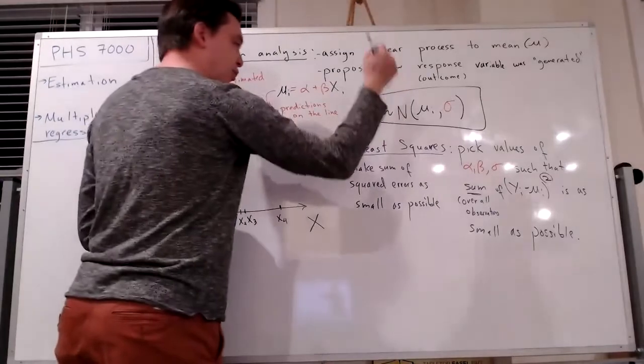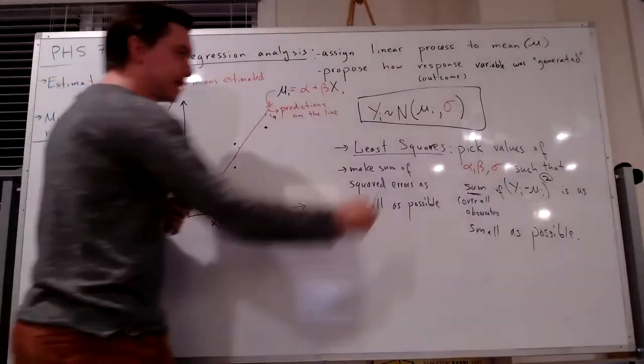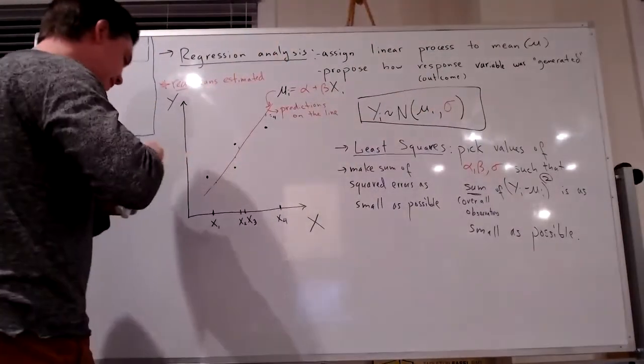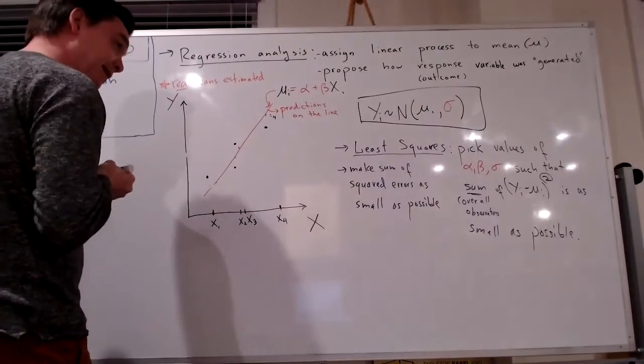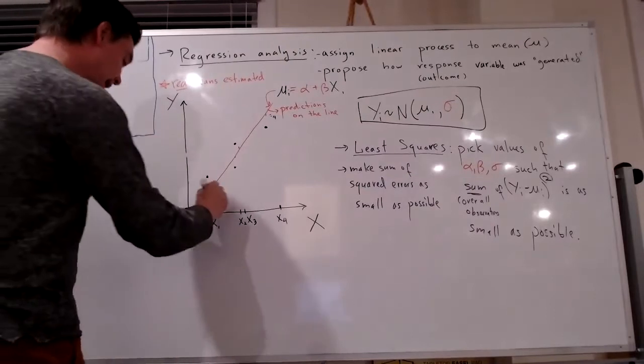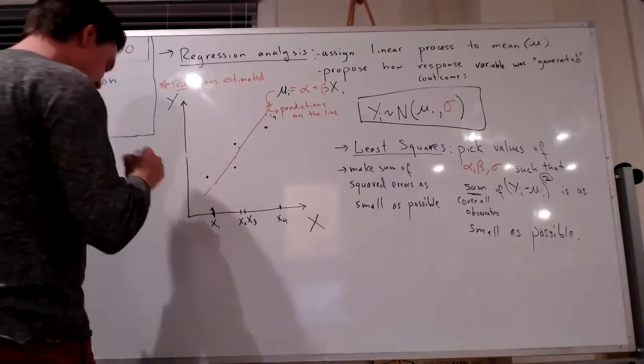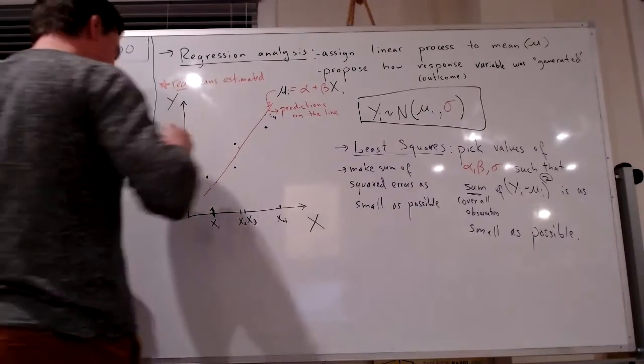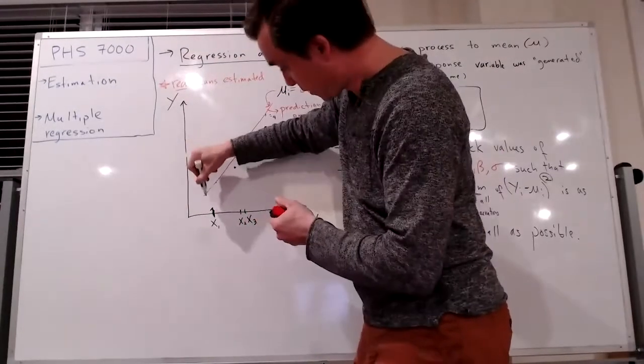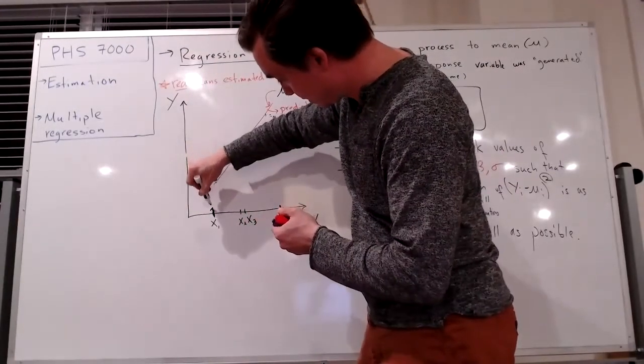They're saying that there's a normal distribution centered at some mean with a standard deviation of sigma, means that at my first value of x, I'm going to center a normal distribution right at this red line.